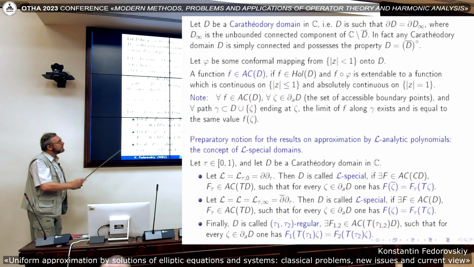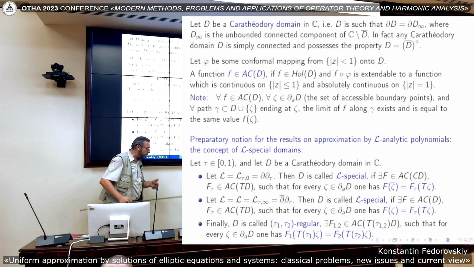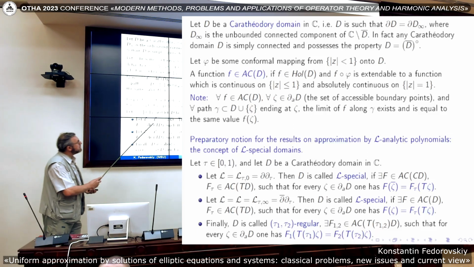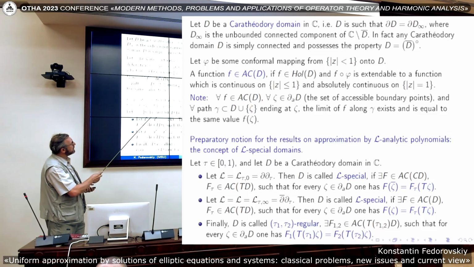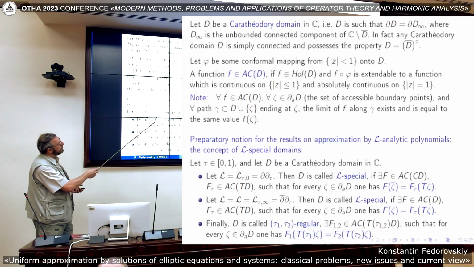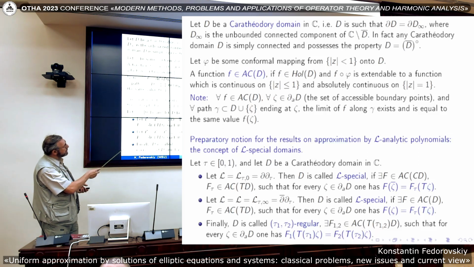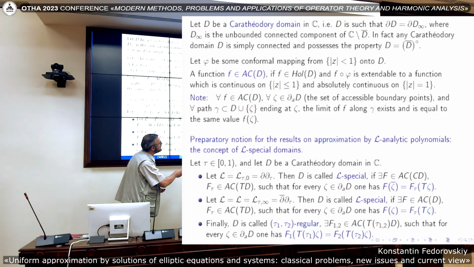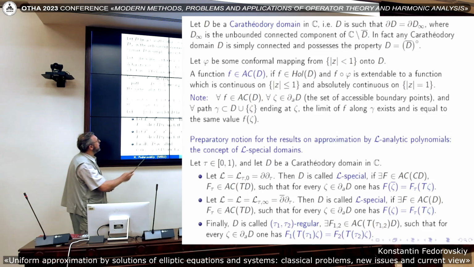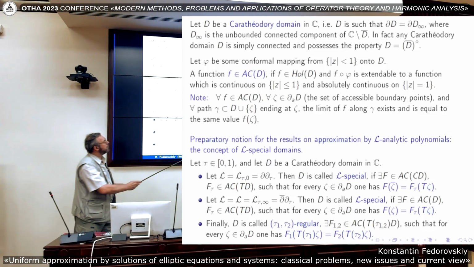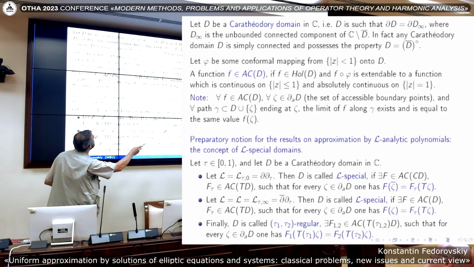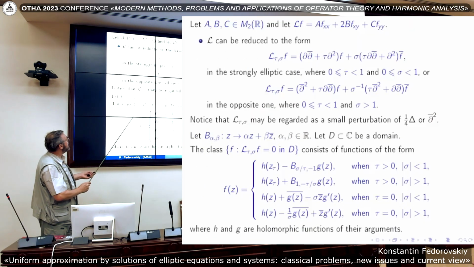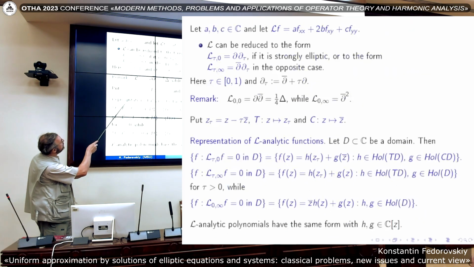This is the analytic characteristic of a domain which I announced at the very beginning of my talk. I assume that we have a strongly elliptic operator, in both cases tau from 0 to 1. We call a domain L special if we are able to find two holomorphic functions f and f tau, where C is the complex conjugation operator and T is a linear operator which maps z to z bar.